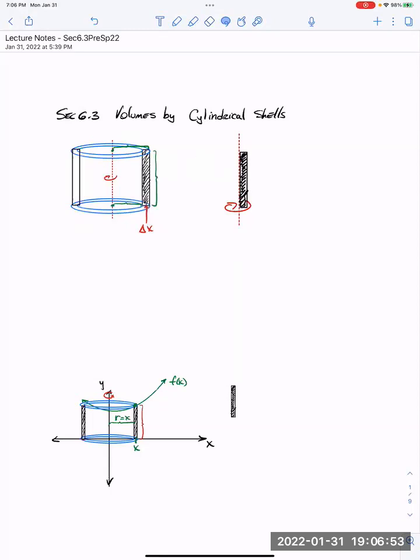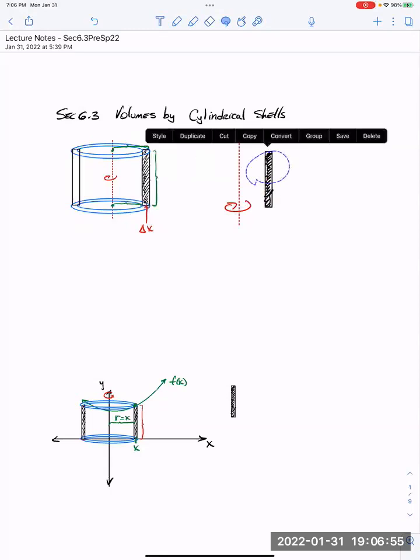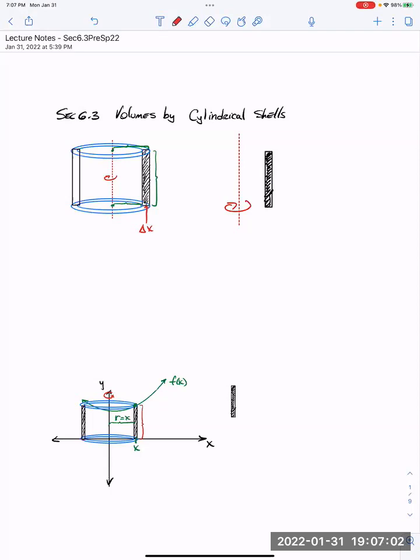Now, when you create a shell with a rotation like this, there are two things you have to think about. The shell has a radius and it has a height. This right here is the height of the shell, which is basically the height of the partition.